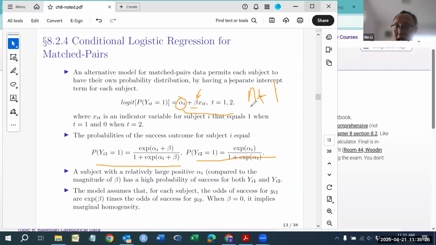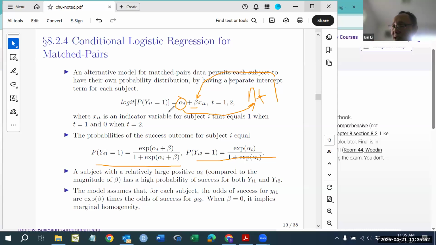Because we have n alphas, one for each subject, plus 1 from the beta. We have 1 parameter for the beta, right? So we have n plus 1 parameters, but we only have n data points, n subjects. So you can see we cannot really estimate all the parameters appropriately.